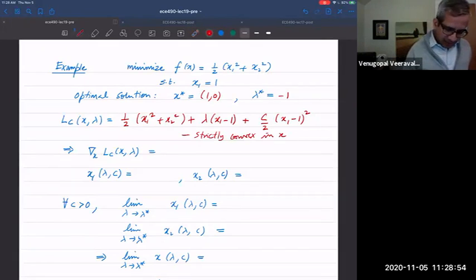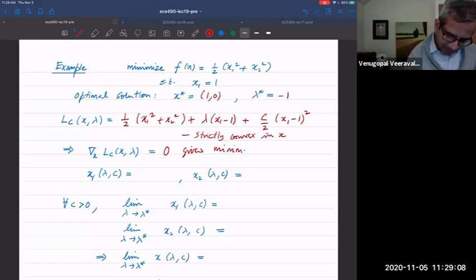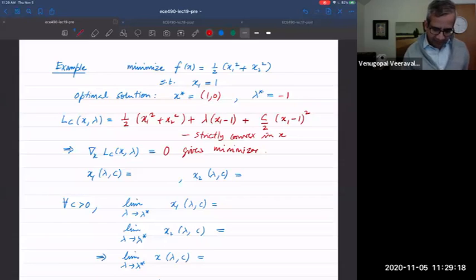Let's look at the gradient. Setting the gradient to 0 will give me the minimizer. First of all, x2 has to be 0 because x2 only appears in this term, so 2x2 equals 0 gives x2 equals 0.